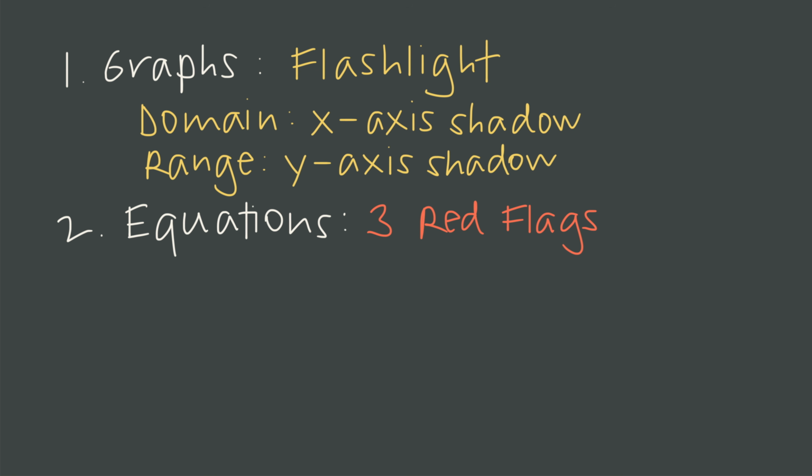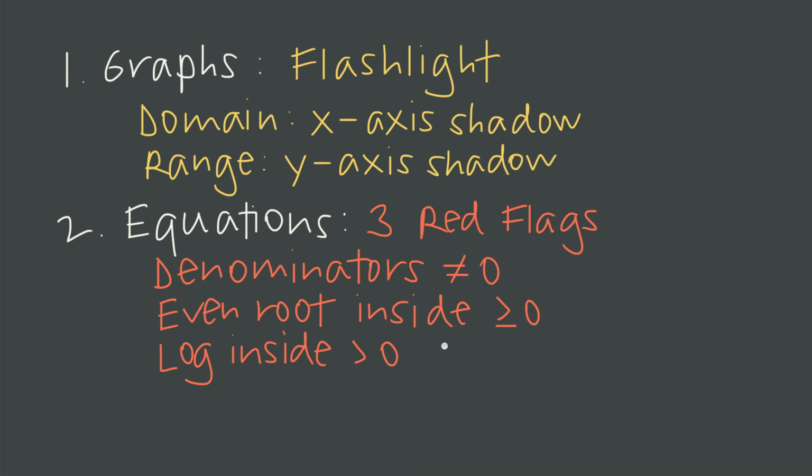But if we have the equation of the function, we want to think about the 3 red flag rules. Remember, we never want to try to look for every value that the function can take in. We only want to look at the values that it can't take in. Denominators cannot be 0. What's inside an even root cannot be negative. It has to be non-negative. So that expression inside the root has to be greater than or equal to 0.